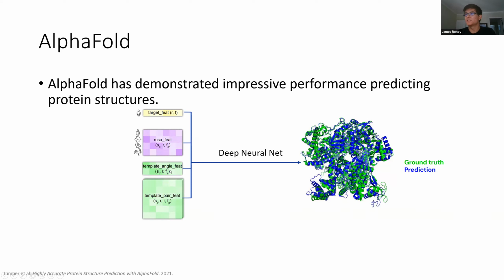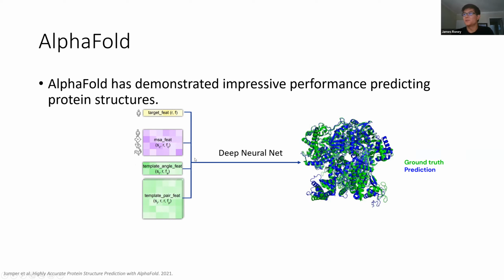AlphaFold can also take, as additional inputs, some template protein structures, which are basically solved protein structures that are related in sequence to the target sequence. So if you're trying to predict sequence A and sequence B has an experimentally resolved structure, is related through evolution, and has a fairly high level of sequence identity, that structure might be a good reference for AlphaFold to incorporate some of those features into its structure prediction.